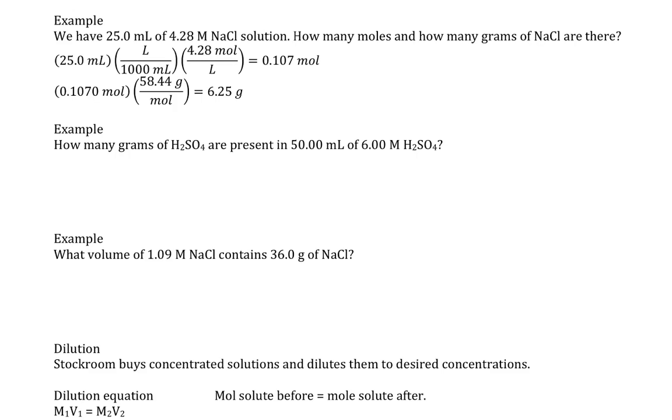So we take 25.0 mL, divide by the 1000 mL per liter, multiply by 4.28 moles per liter, and we get 0.107 moles of NaCl. How many grams is that? Well, we take the moles and convert to grams using the molar mass. We write everything so units work out, and we get 6.25 grams of NaCl. So here are two examples for you to come back to later and do.